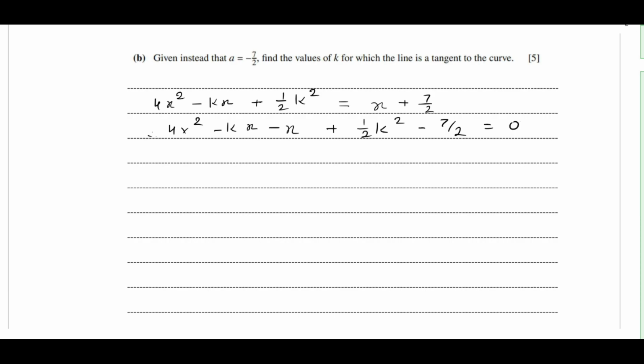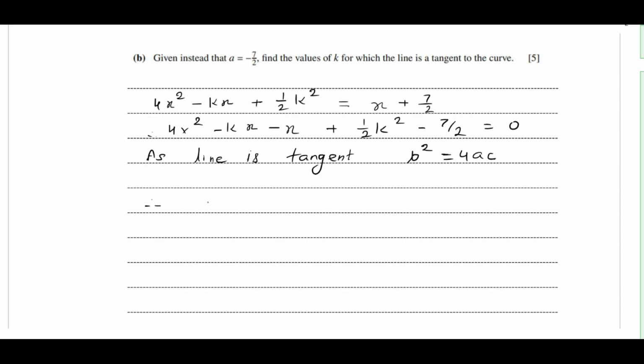As the line is tangent, we have only one solution, and we can get that by equating b squared minus 4ac to 0, that is, b squared equals 4ac.